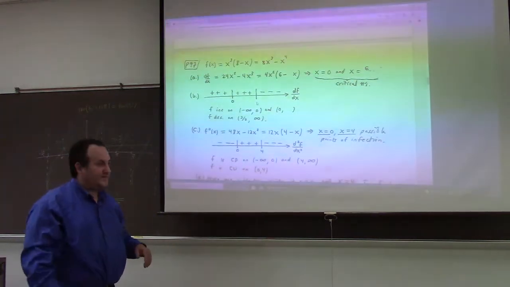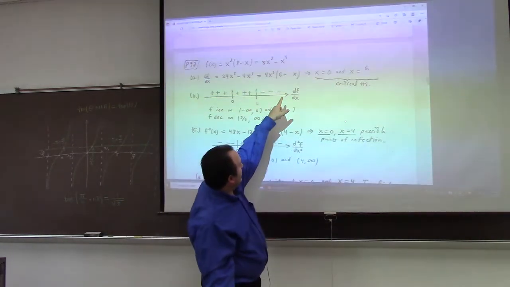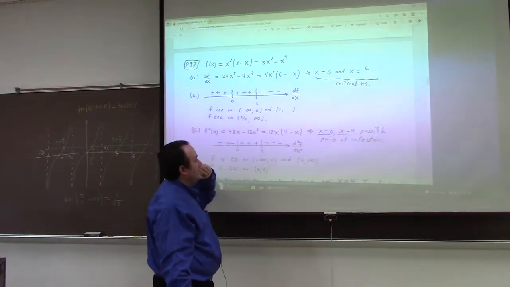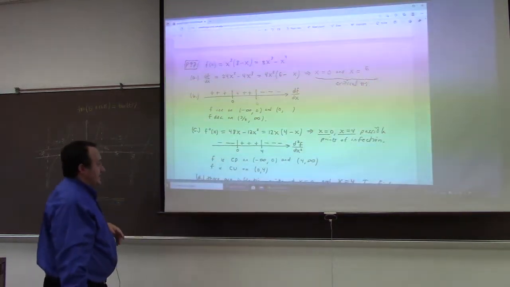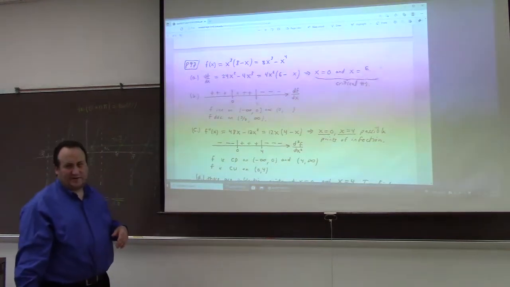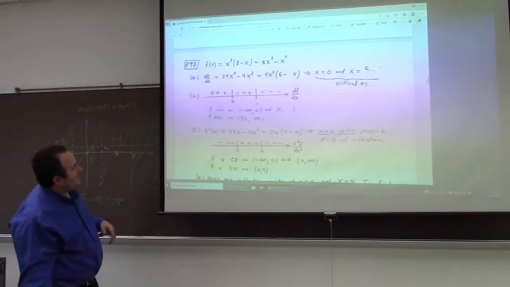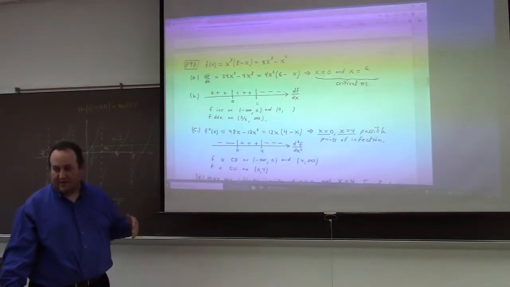Like I said, I had a mistake. I had left the 4 in front of the x, and that made me think it was 3/2 for the critical number, which is not true. And anyway, I got all the way to the end of the problem before I noticed this, but it only impacts parts A and B, and then the graph.